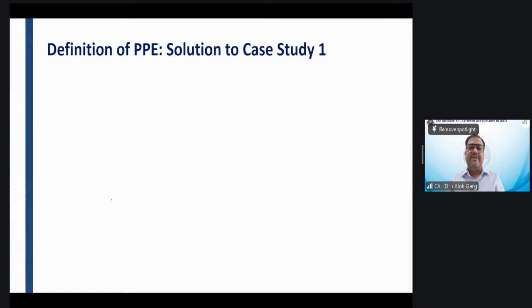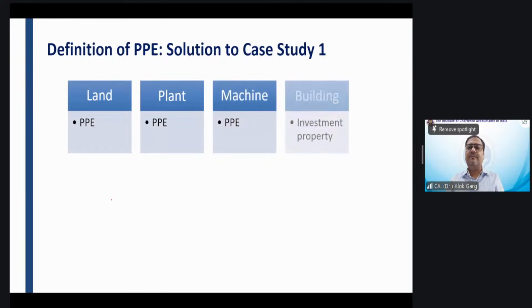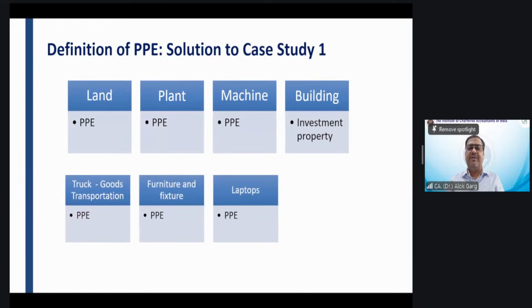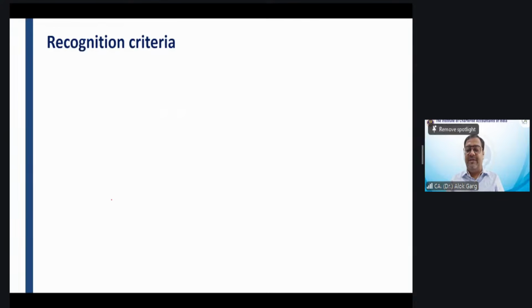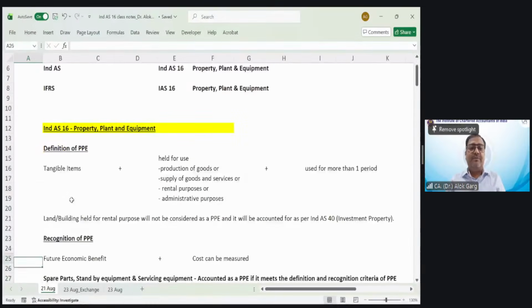Okay. Yes. So friends, this is the answer. Building is an investment property, truck PP&E, furniture fixture PP&E, laptop PP&E, SAP software, Ind AS 38 intangible assets. Right. So friends, we have covered the definition of PP&E. What is the definition of PP&E?